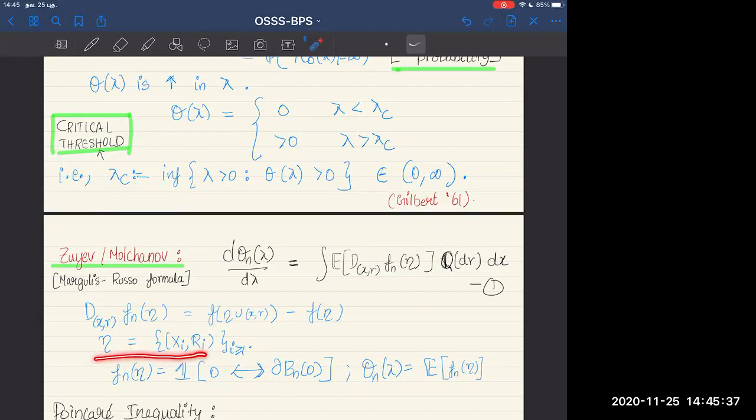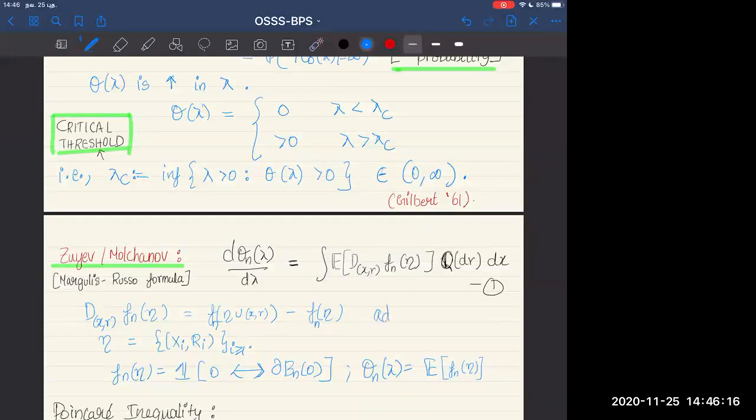Remember, eta is the marked Poisson process. The add-1 cost D_{x,r} Fn of eta is nothing but: I add a point (x, r) to eta, that is, a point at x with radius r, and look at the difference. This is called the add-1 cost.